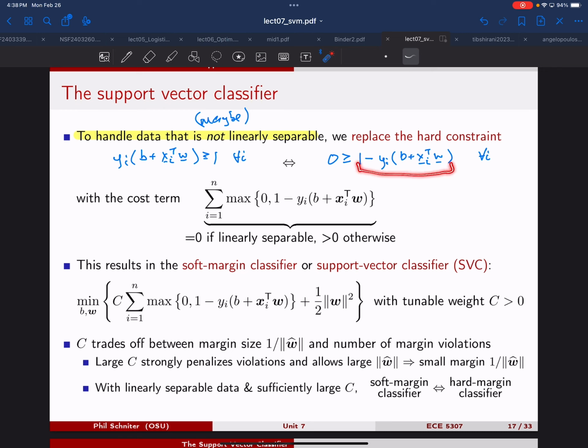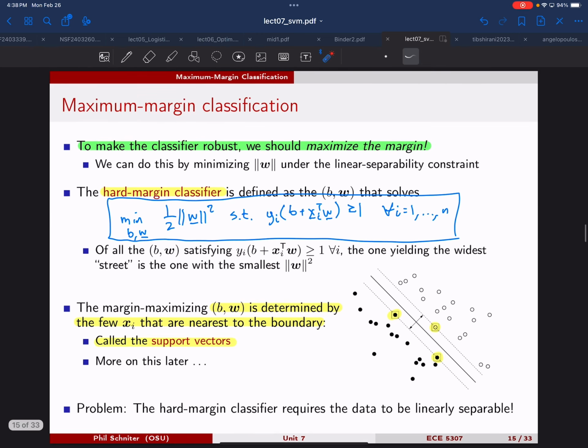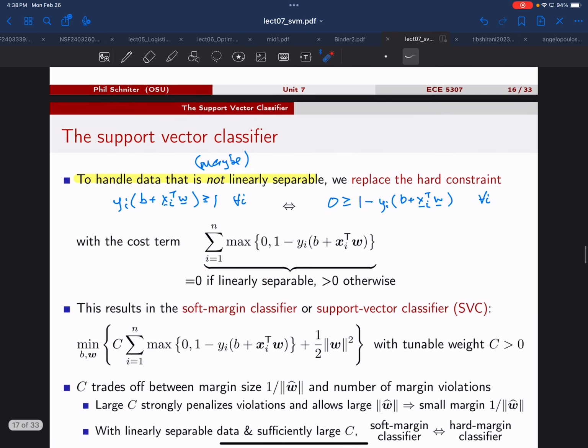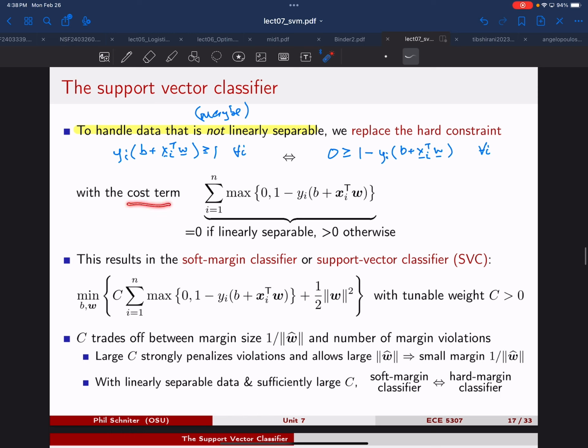I never want this term to be positive. Right? I never want it to be positive. So what we're going to do is, instead of having a hard constraint, as we did here, constrained optimization problem, we're going to replace that with a cost term, a second cost term with this form.